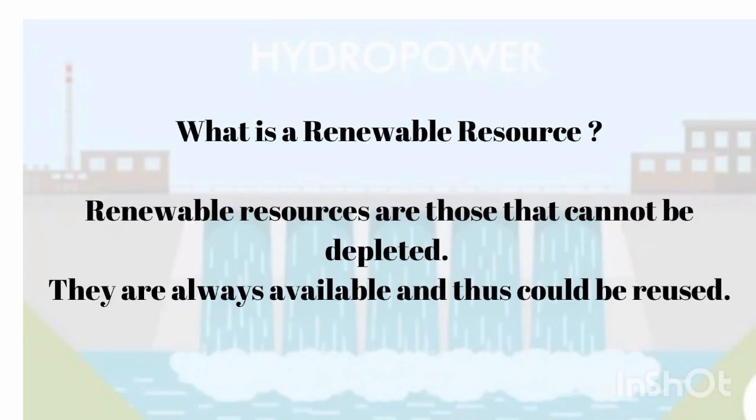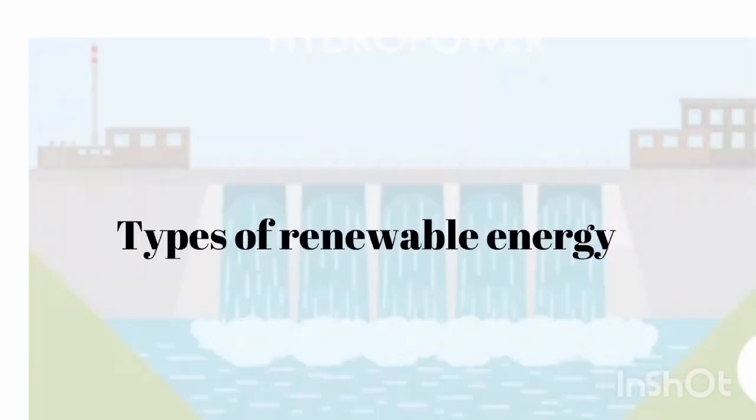They are always available and thus could be reused. Examples are sun, wind, soil, and so on and so forth. Now, let's look at the types of renewable resources. There are various types, but in this lesson, we are going to discuss 4 to 5 of them.